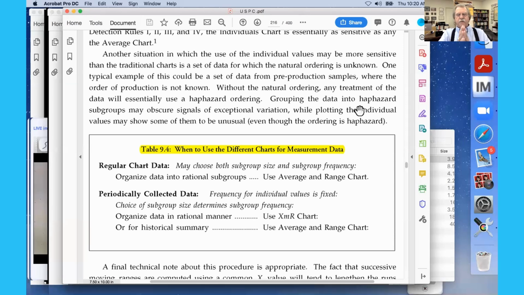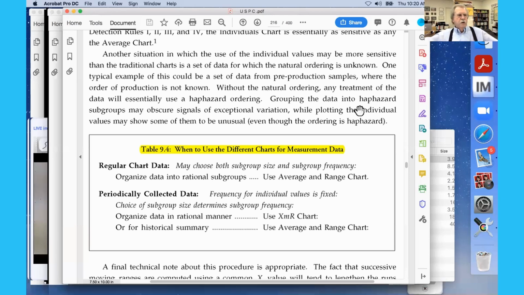Now, an XMR chart is intended to be a comparison between apples to apples to apples, not apples and oranges and bananas and grapefruit. So you've got to have a sequence of values that are logically comparable when you use an XMR chart. That's what I mean, organized in a rational manner.